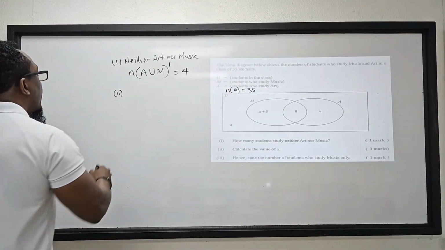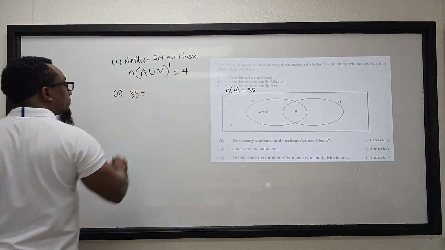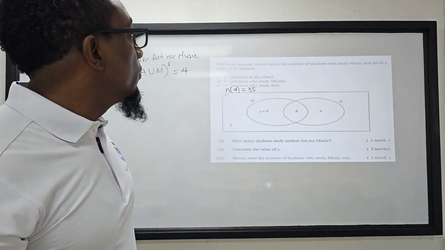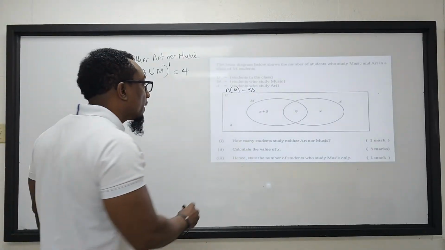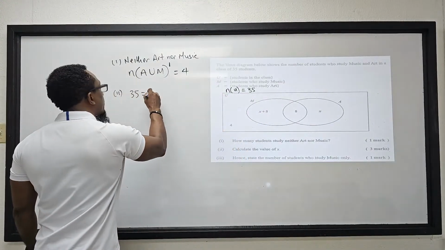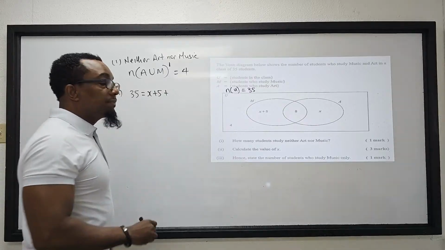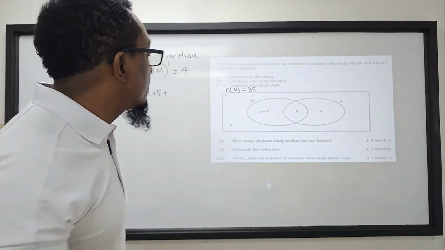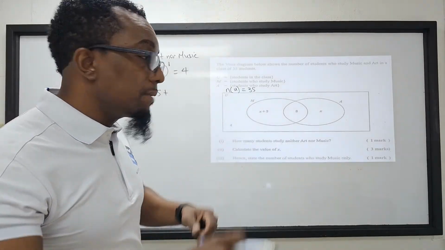So 35 students will comprise those who study music only, plus those who study both music and art, plus those who study art only, plus those who study neither. So you have students who study music only, some of them.